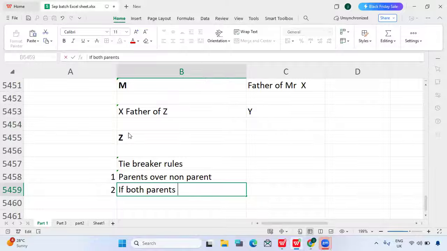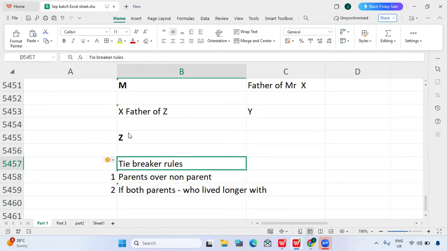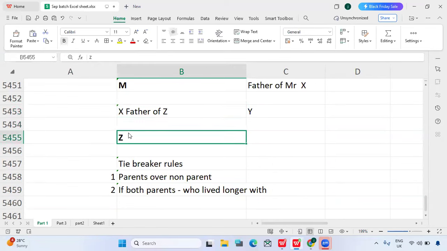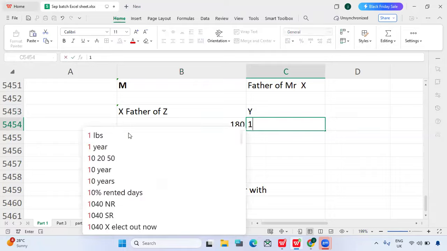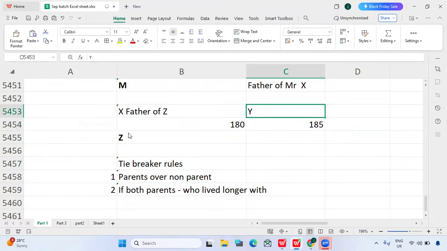If both parents would like to claim Z as a dependent, now we have to see with whom the child lived longer. Now Z lived with Mr. X for 180 days and with Y for 185 days. So who will get the edge, X or Y?